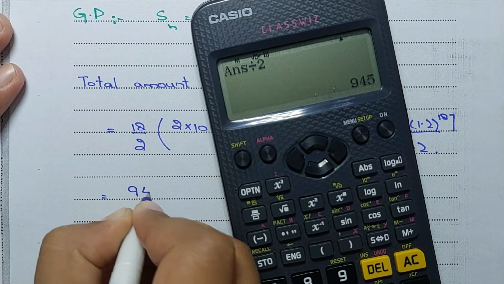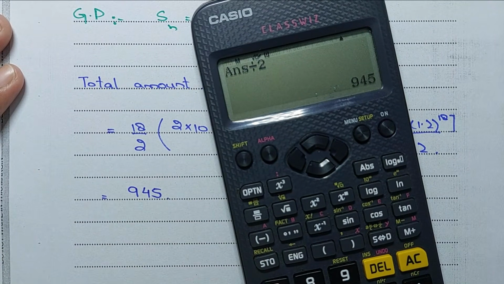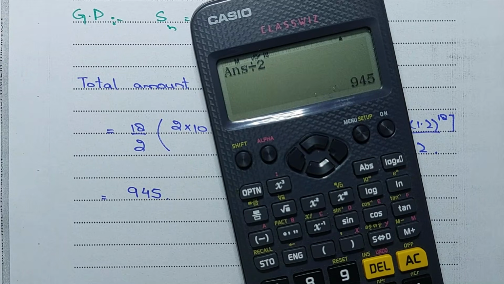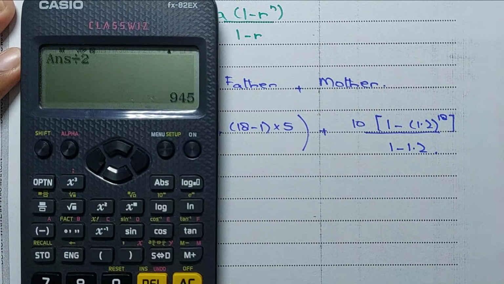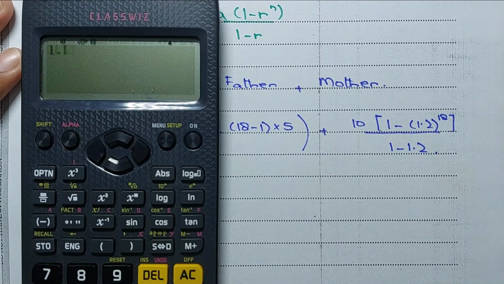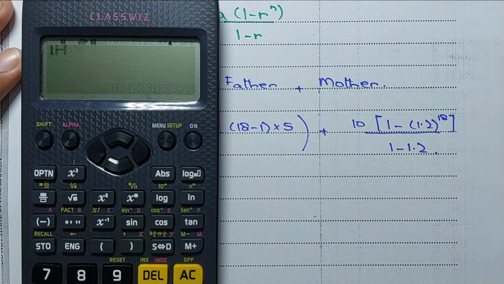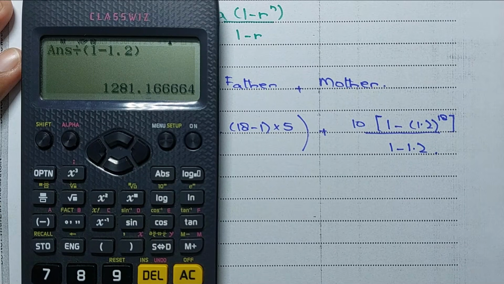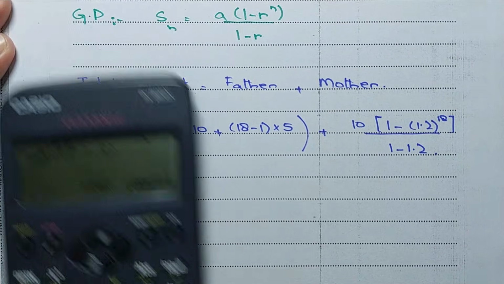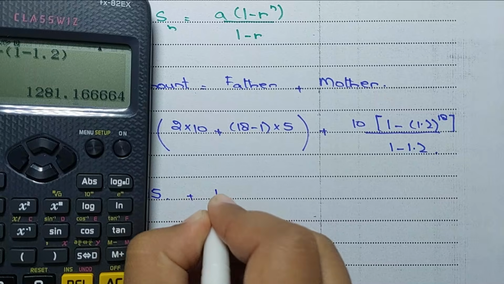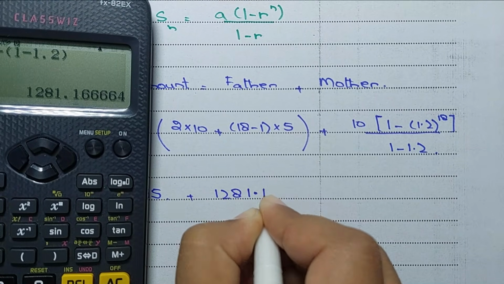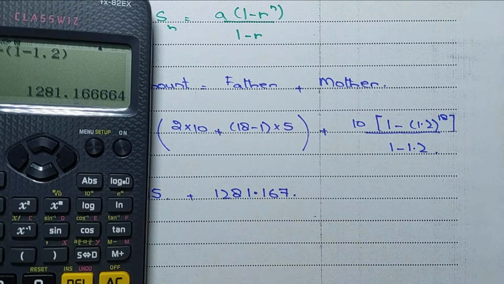17 multiplied by 5, add to 20, and multiply by 18 divided by 2. So $945 she is going to receive from the father in total by her 18th birthday. And from the mother's side, 1.2 to the power of 18, subtract from 1, times 10, divided by 1 minus 1.2. Let me add them up: 1281.167.